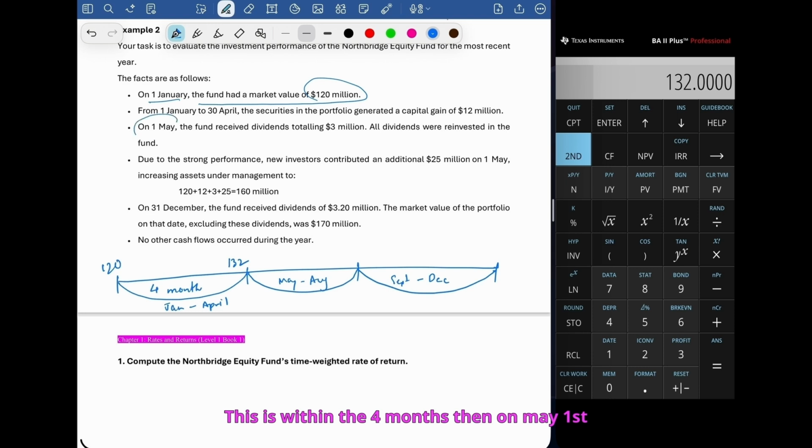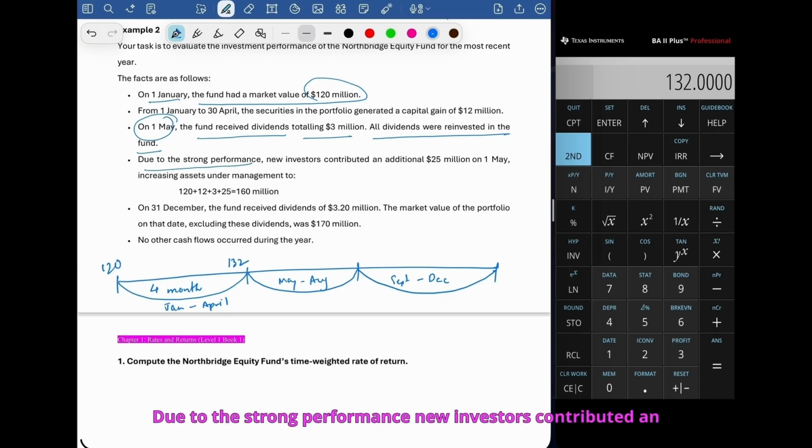Then on May 1st, the fund received a dividend, and all dividends were reinvested in the fund. Due to strong performance, new investors contributed an additional 25 million on May 1.